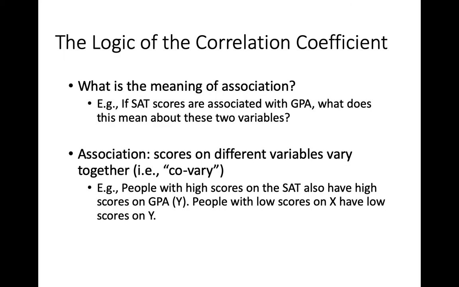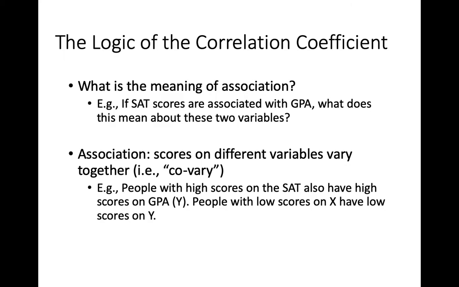For example, if we say that SAT scores are associated with GPA, what does this actually mean about the two variables? And going further, we could say that SAT scores are positively associated with GPA. When we talk about association, it just means that scores on different variables vary together.